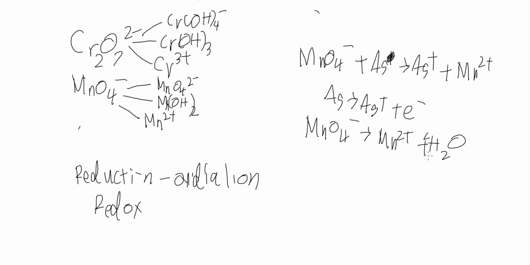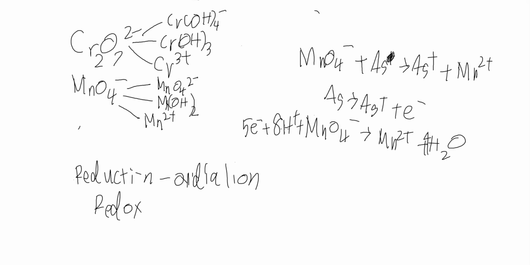Since this has 4 waters, we need 8 hydrogen ions to completely neutralize the water. Now you may be noticing the charge isn't balanced. And so what we have to do is add 5 negative charges, or electrons, to this side to make it completely balanced.